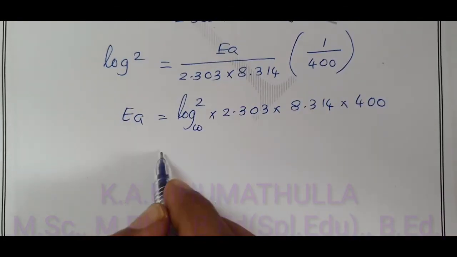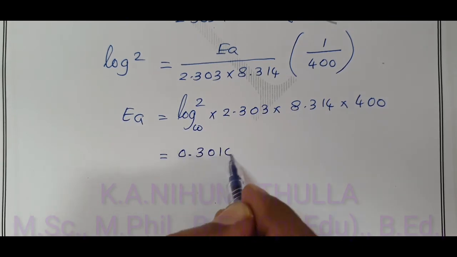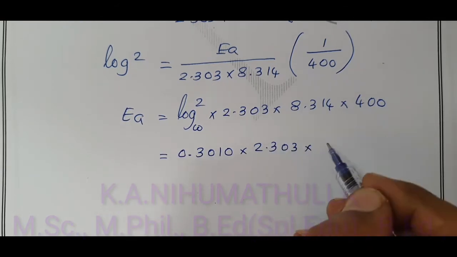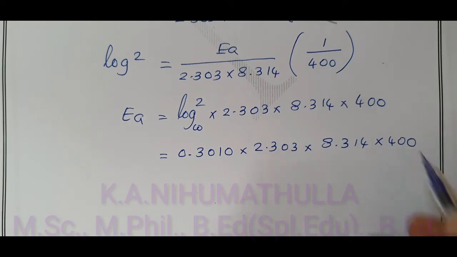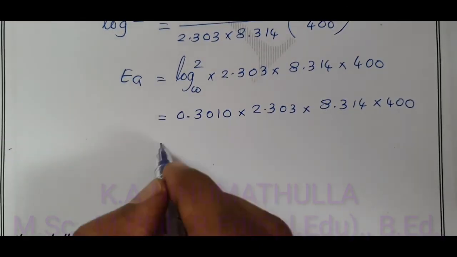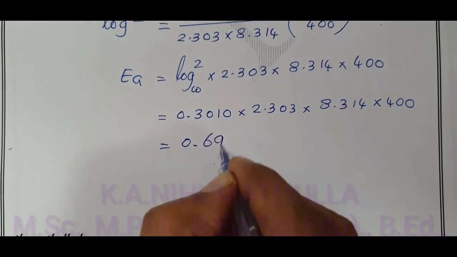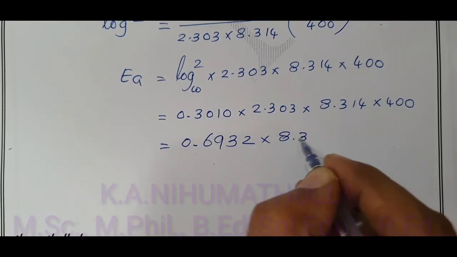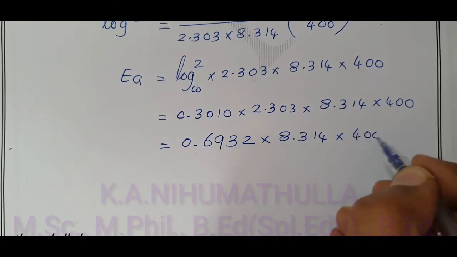Log 2 value we know is 0.3010, and 2.303, and 8.314, and 400 will give the final answer. When we multiply these two, we will get 0.6932, and 8.314, and 4 into 100, that is 400.